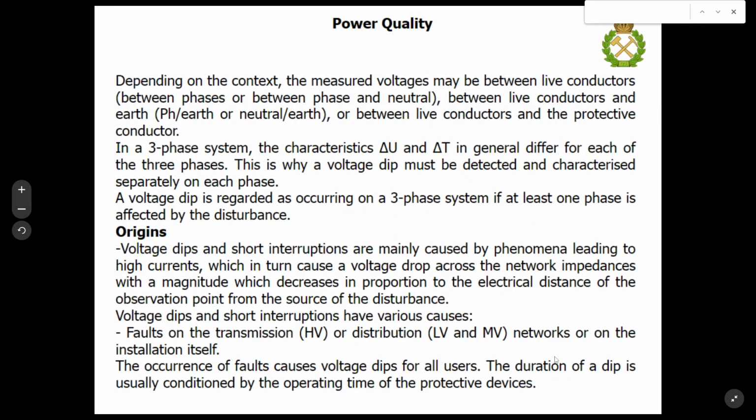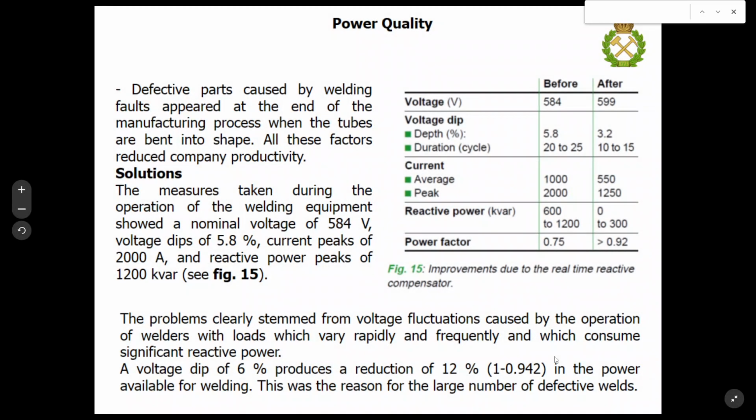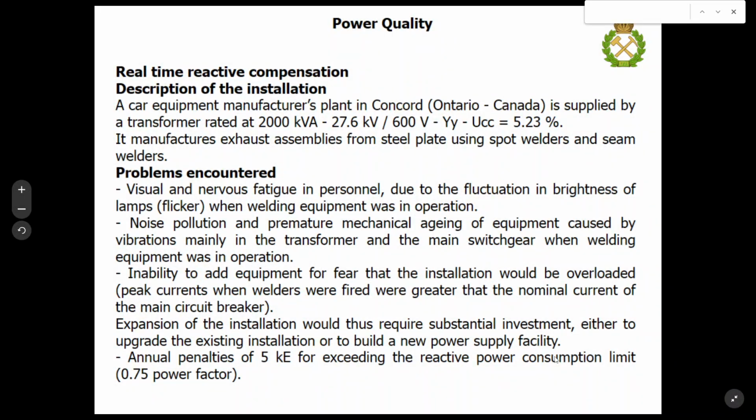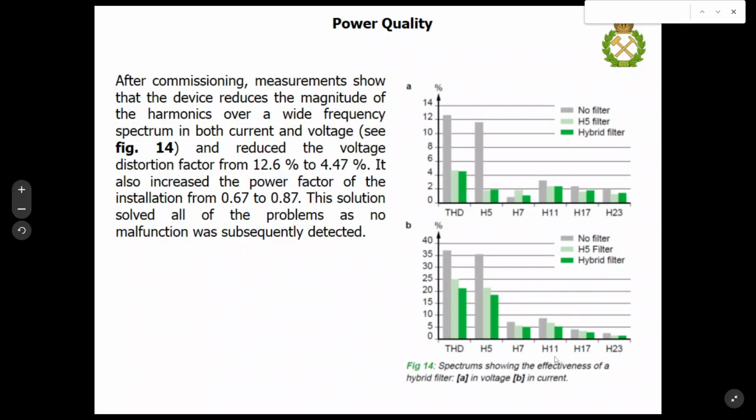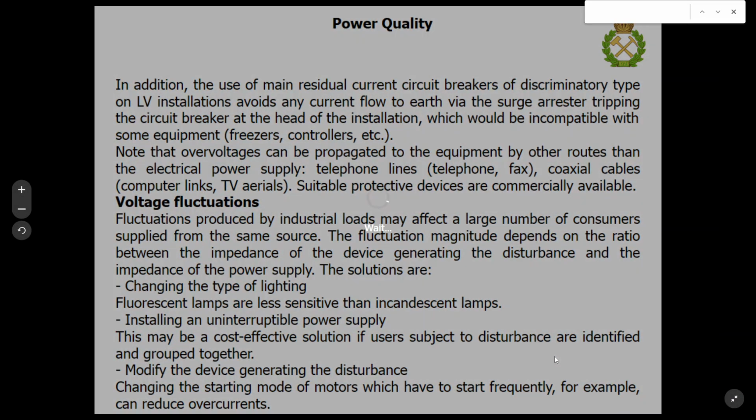And main origins, first of all, are faults on transmission lines or distribution lines, also short circuits level, and some problems connected with the duration of such voltage dips.